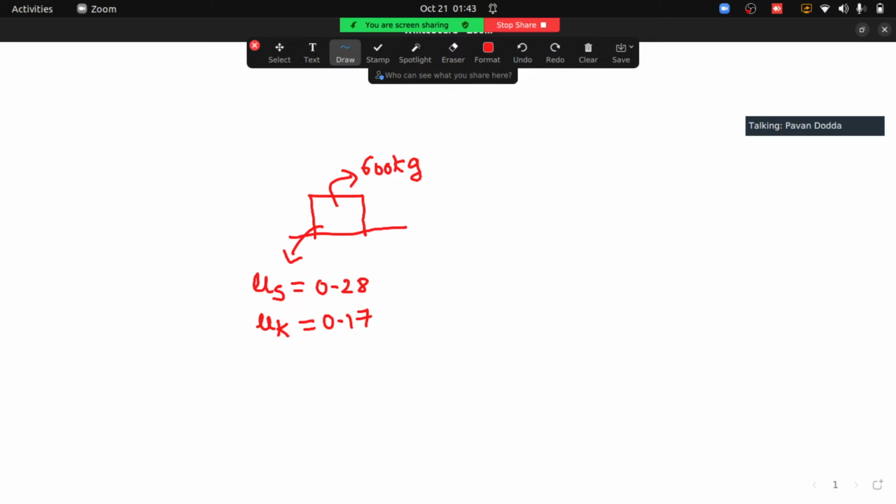We just discussed the formula. It's mu times mass times acceleration due to gravity, right?